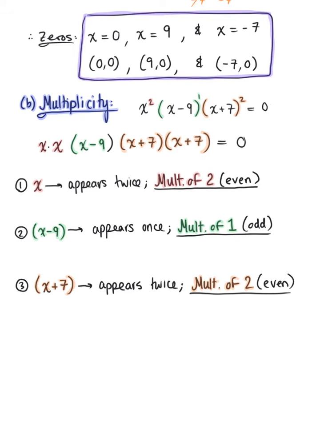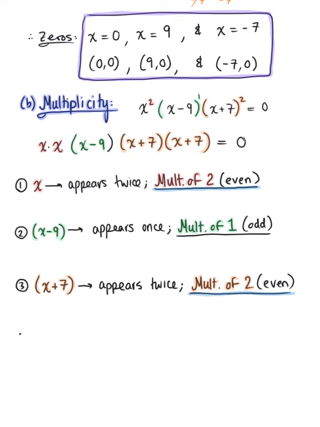So we've identified the multiplicity of each factor, and now depending upon if the multiplicity is even or odd, we can then determine the graph's behavior. So we'll start here with our even multiplicities. We know that x has a multiplicity of 2, and that x plus 7 also has a multiplicity of 2.